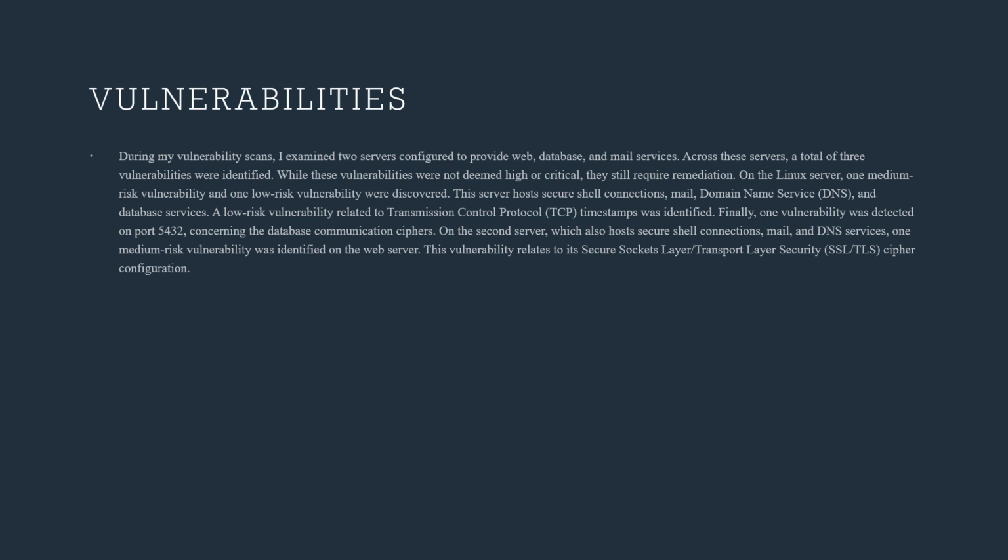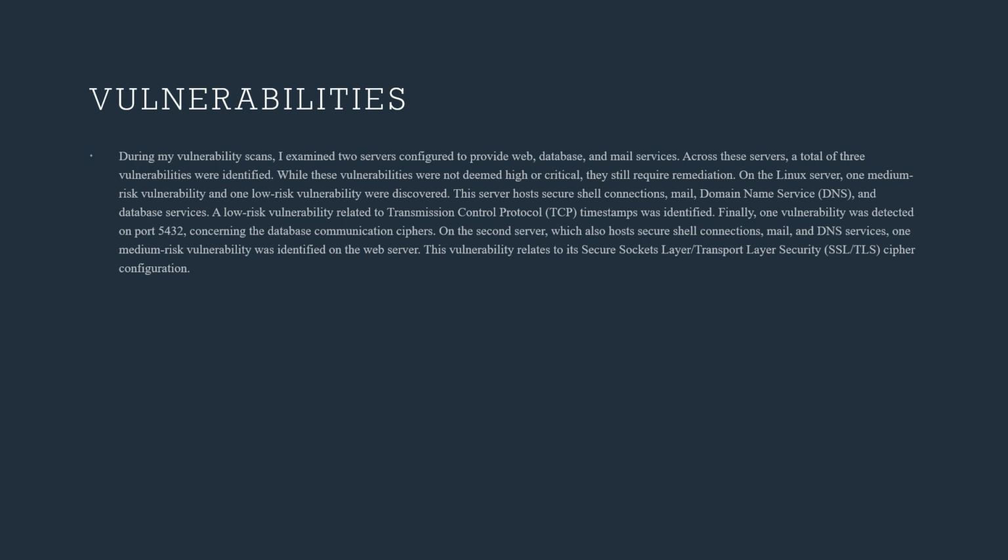While these vulnerabilities were not deemed high or critical, they still obviously require remediation. On my Linux server, I had one medium risk vulnerability and one low risk vulnerability according to the Greenbone scan.